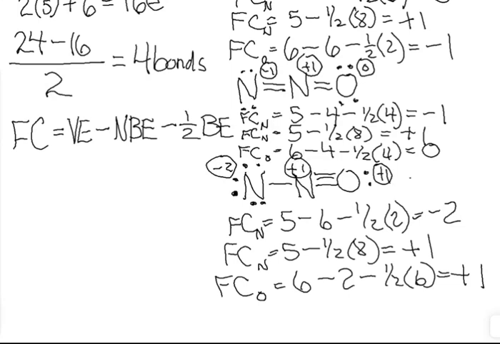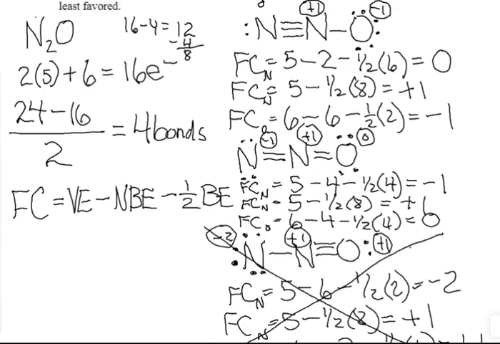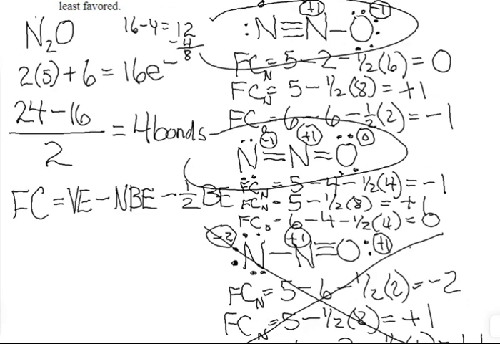So I would say the formal charge on oxygen being plus 1 and nitrogen being minus 2, nitrogen's less electronegative than oxygen, so this doesn't make sense, so I'm going to reject this structure. So my two structures that seem to fit the best are these two.